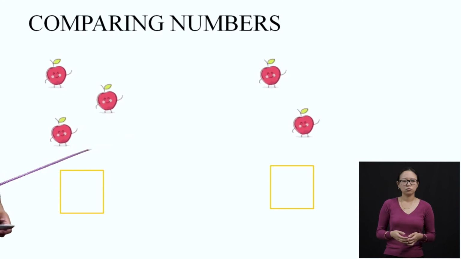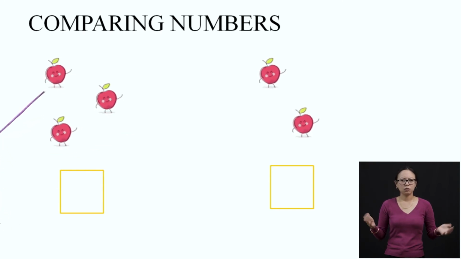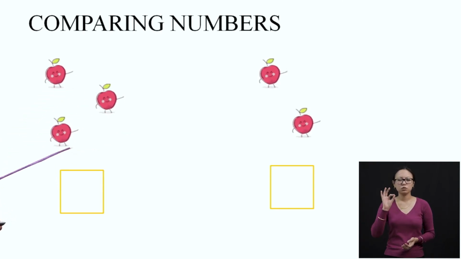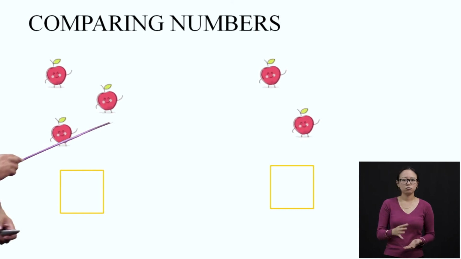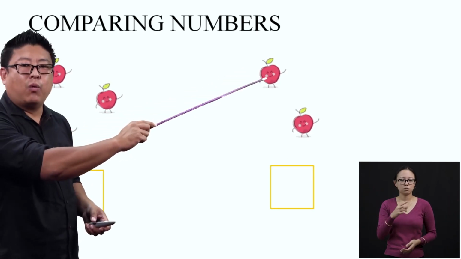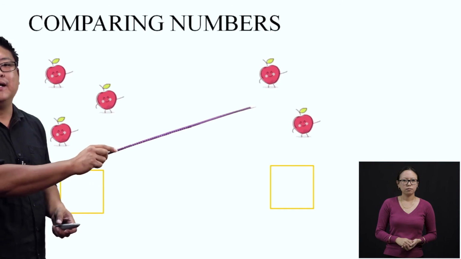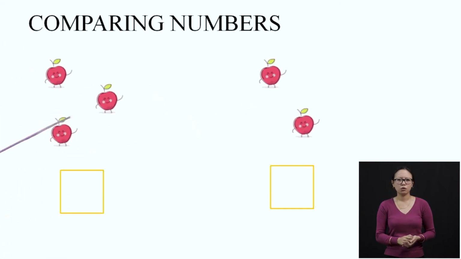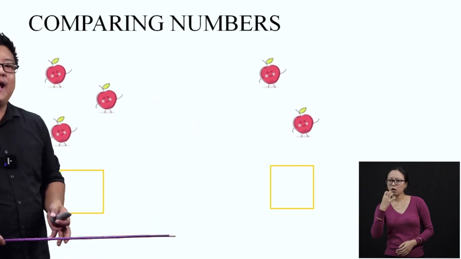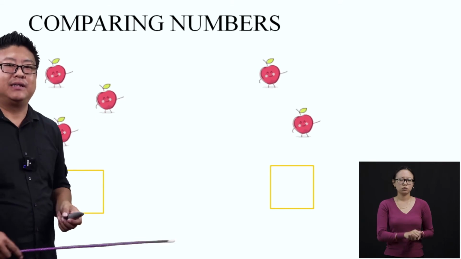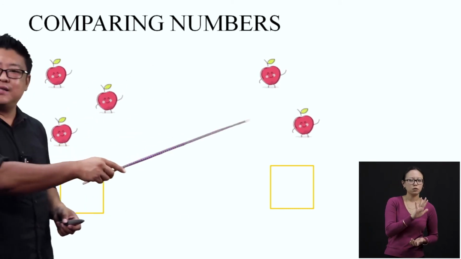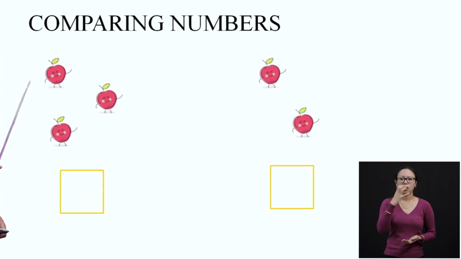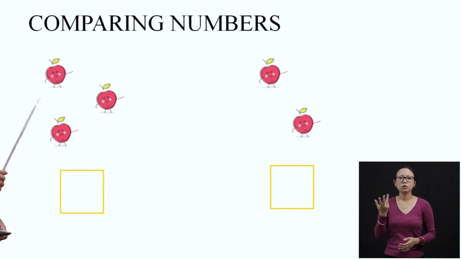In the first one, we have 1, 2, 3 apples. And in the next one, we have 1, 2, 2 apples. Now, please look here and tell me which one has more apples, the first one or the second one? Yes, the first one has more apples.